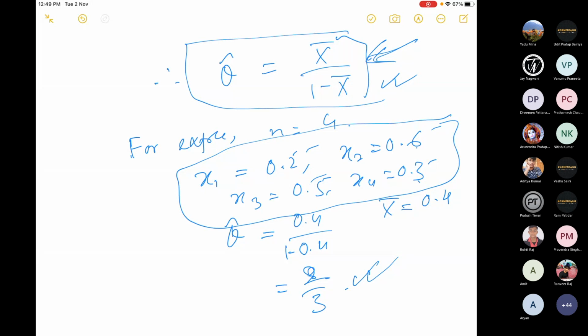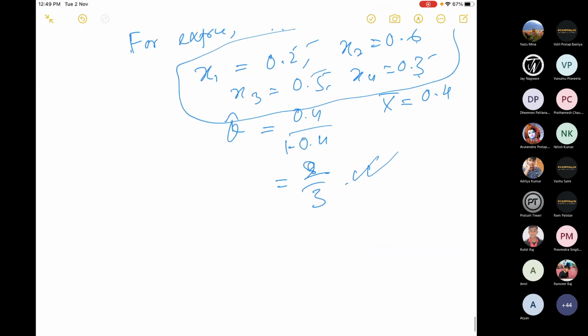Now, what is the basic principle here? So this is the principle. I said I will discuss this later, but let me just write it down here. I am running out of time.